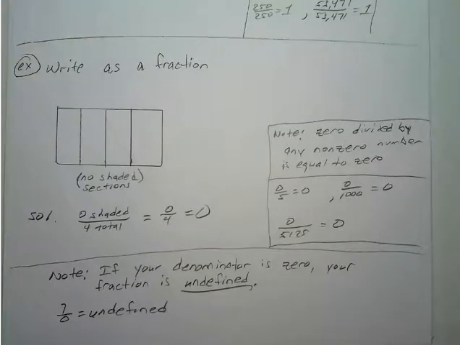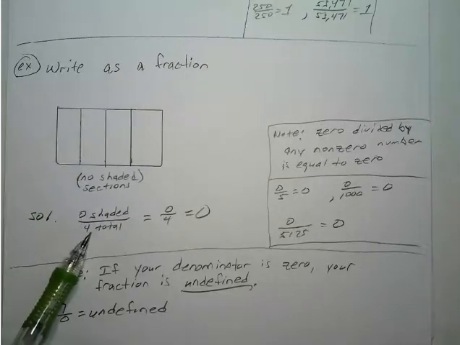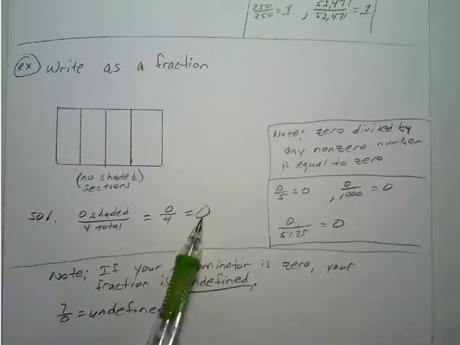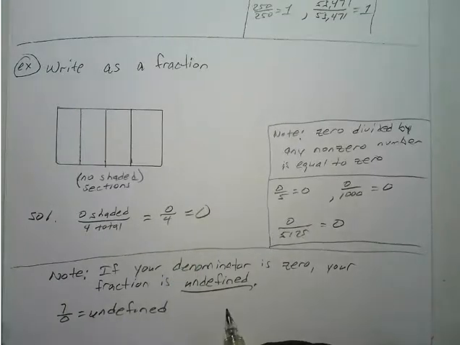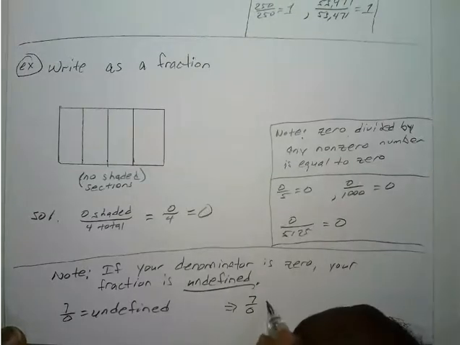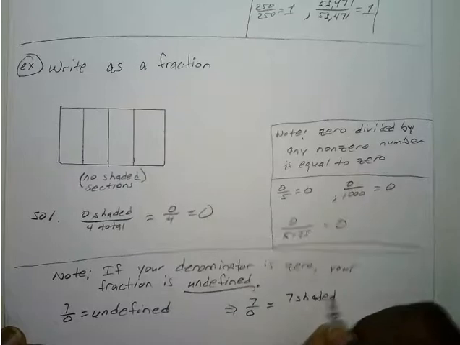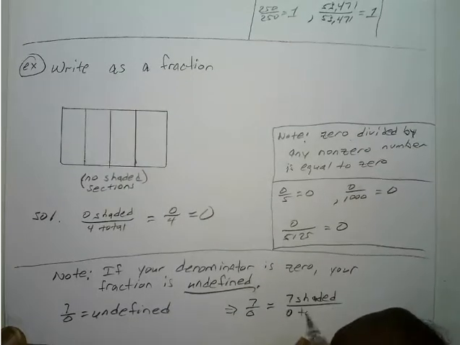And you're probably asking, why is that? Well, think of it here. If you have 0 shaded before total, then your answer is going to be 0, because that's how many are shaded. But in this case, if you have 7 over 0, that means you have 7 shaded over 0 total.